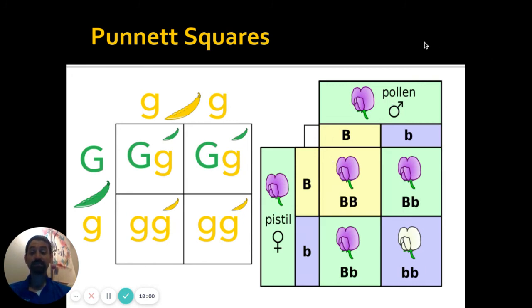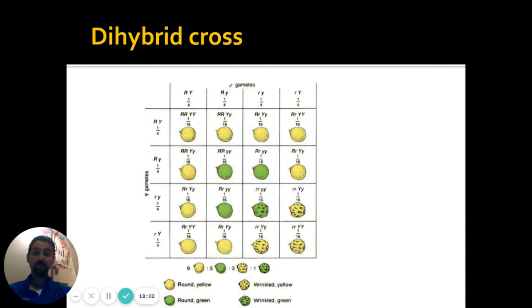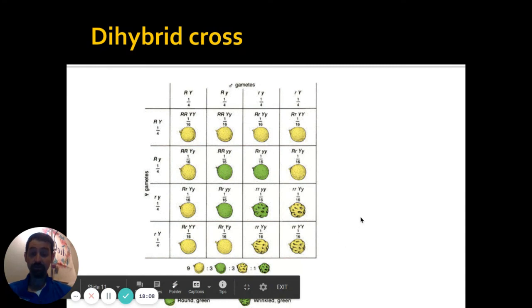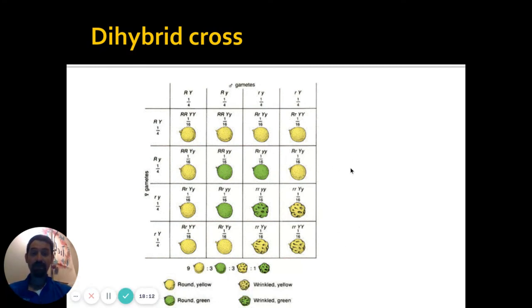Let me show you a dihybrid cross. So here is a dihybrid cross. In this case, we are looking at the color of the pea, and we're looking at wrinkled or not wrinkled. And so in this case, we take all the potential outcomes.